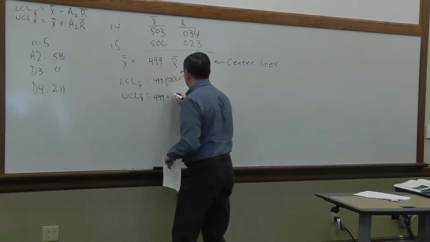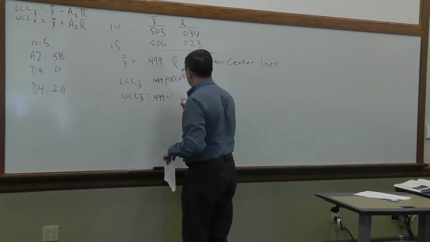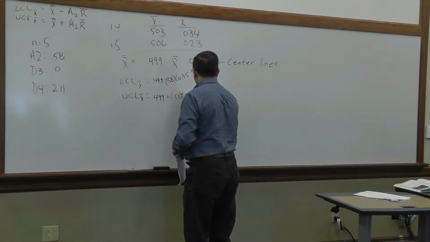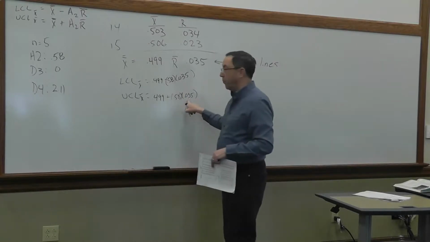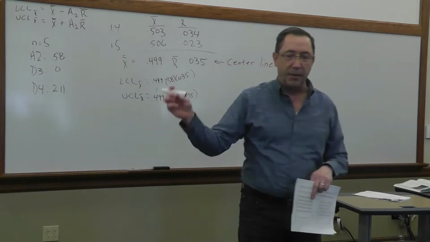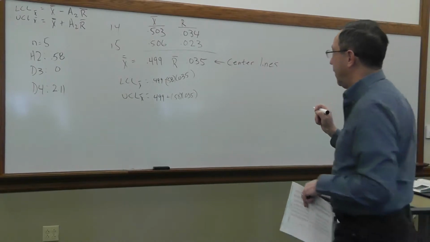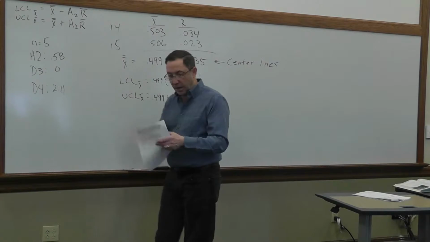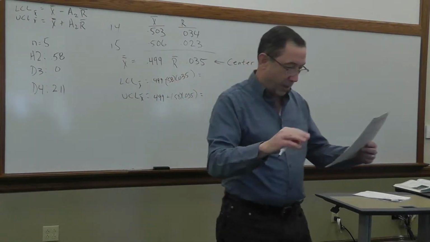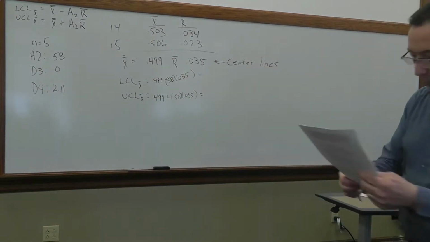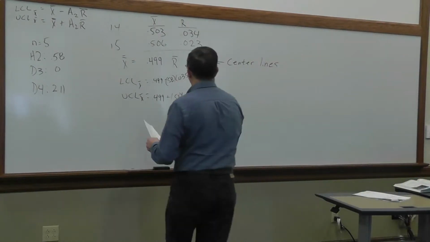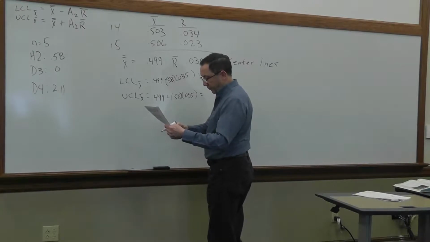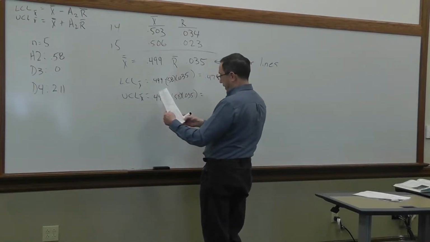The upper control limit is the same formula, you just add: 0.58 times 0.035. That's our estimate of 3 standard deviations away from the center line. When you plug and chug, your lower control limit should be 0.479, and your upper control limit should be 0.520.